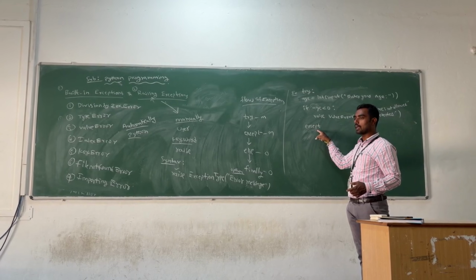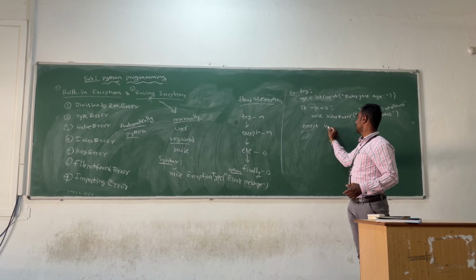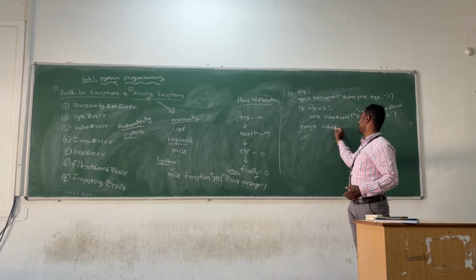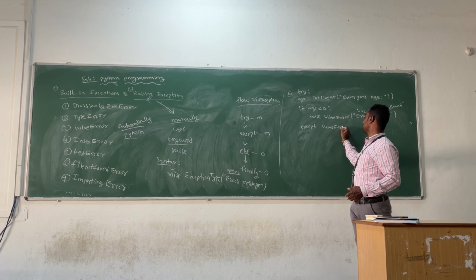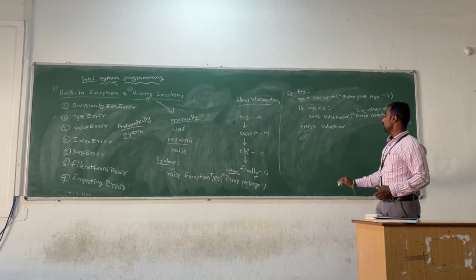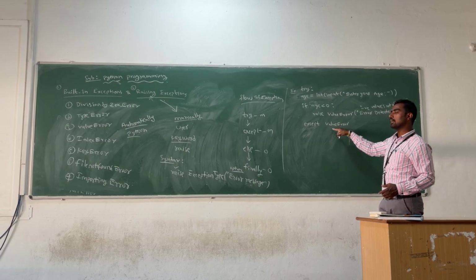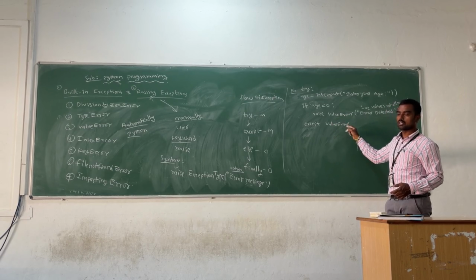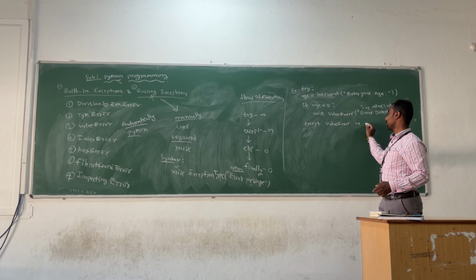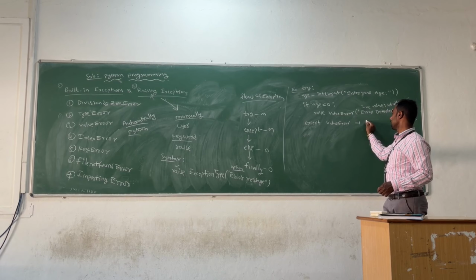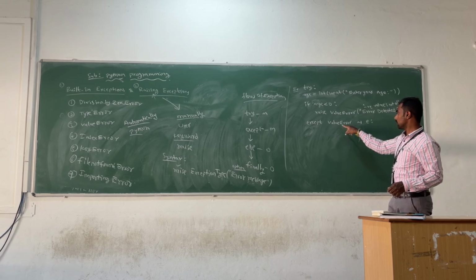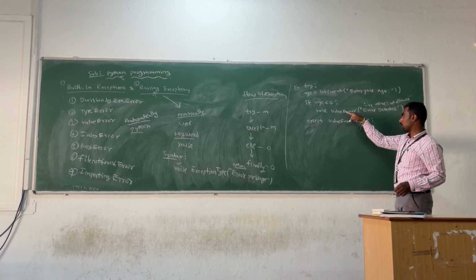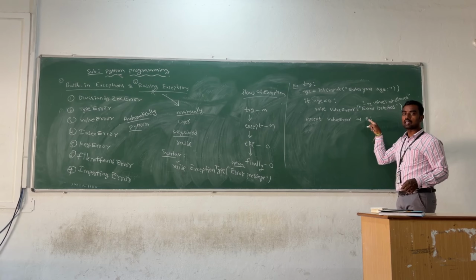After the keyword except, we need to place value error as the type of error I am going to accept. Here I am assigning that error message to a short name, the alias E. Now the value error will be stored in E.